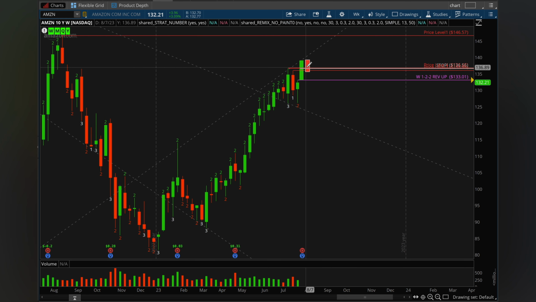Well, what would happen is we would have been stopped out in profit right here. So we wouldn't even have to worry about it. So here's your 1, 2, and here's your 2. So it's a 122 rev strat. It is a very profitable trading strategy.